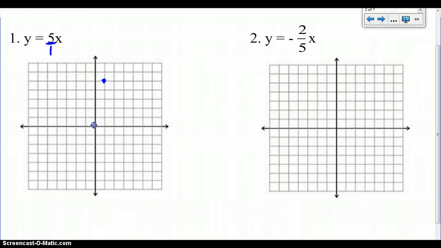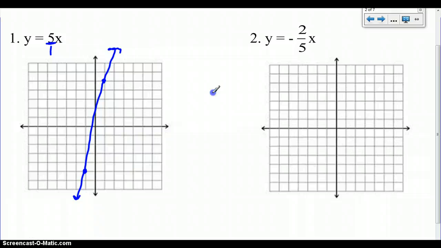To get the other point, we can either go up and right, or go down and left. 1, 2, 3, 4, 5, and over 1. So this would be our second point, and then we just connect them. And make sure you put arrows at the end of your lines, okay? Sorry, that's not a very good line, but you can understand it a little bit.